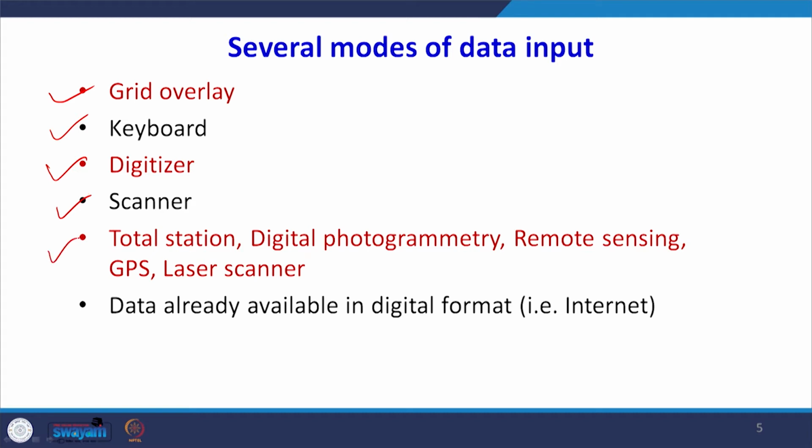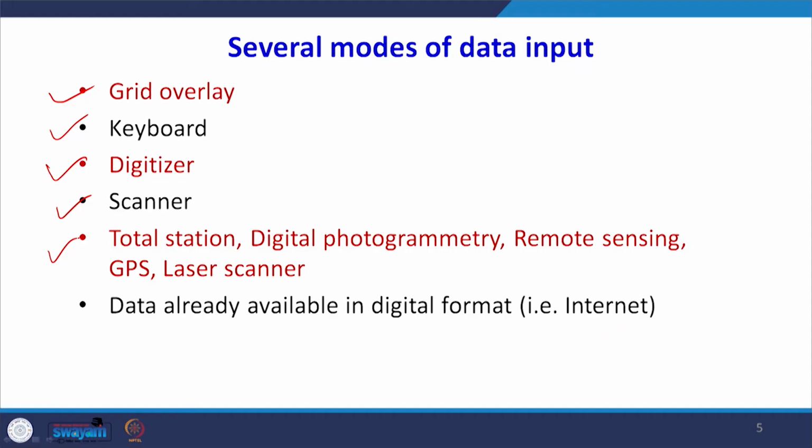Then other ways are the field based methods, using total station, GPS, and laser scanners. We collect the data and use it straight away in the GIS platform if it is georeferenced data. Then digital photogrammetry and remote sensing are the other space based methods to give the data input.